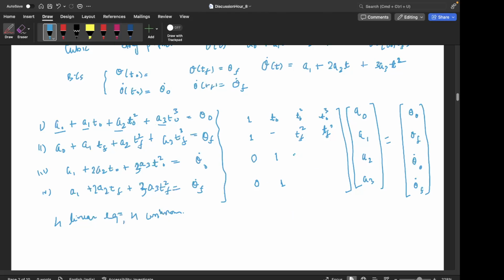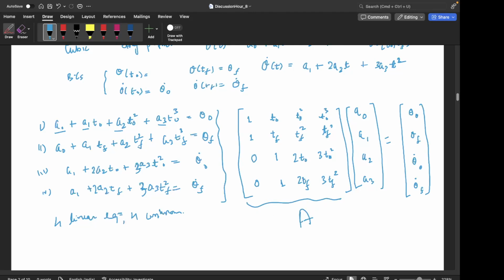Here would be 2 t0, here 2 tf, here 3 t0 square, here 3 tf square. Right. So this is 1, t0, t0 square, t0 cube, 1, tf, tf square, tf cube. Okay. So this is basically the system of equations.